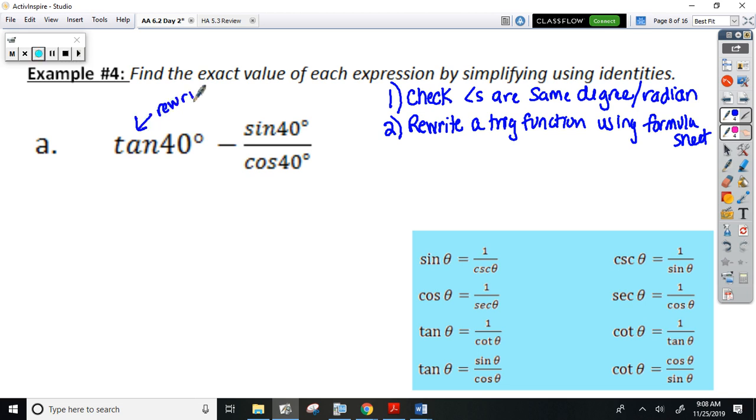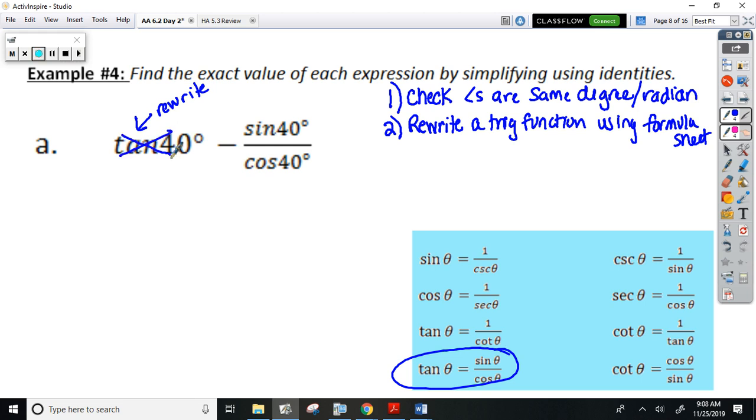So we're going to rewrite, I'll do the first one in its equivalent form. There are two formulas for tangent. You would not want to do 1 over cotangent because the second thing that's up there doesn't have cotangent in it. You want them to look alike so that they're going to simplify. So I would use the first or the second formula, which is tangent of theta equals sine over cosine. So just filling in 40s, tangent of 40 equals sine 40 over cosine 40.